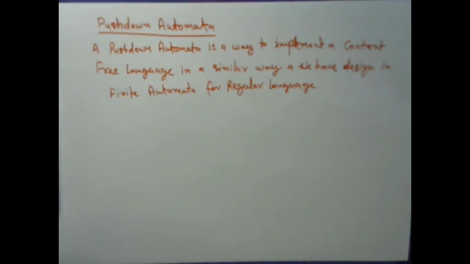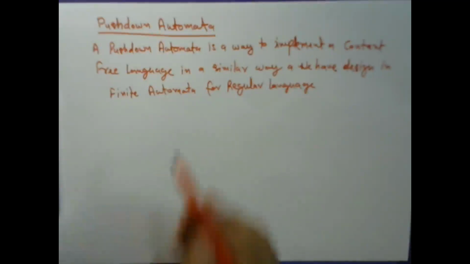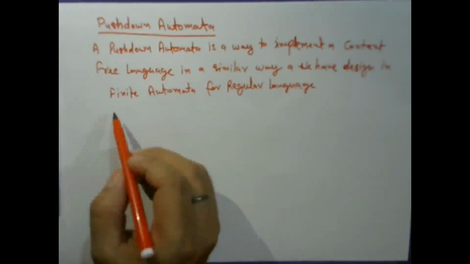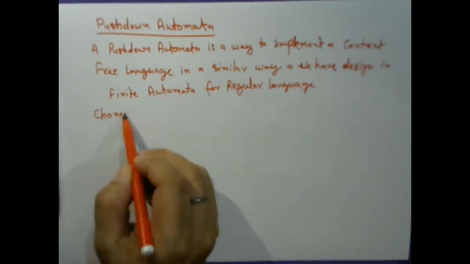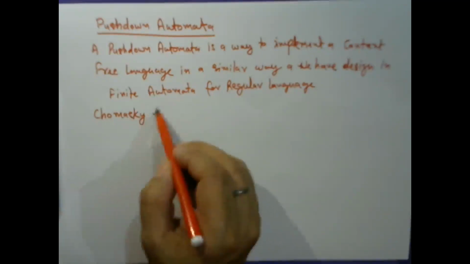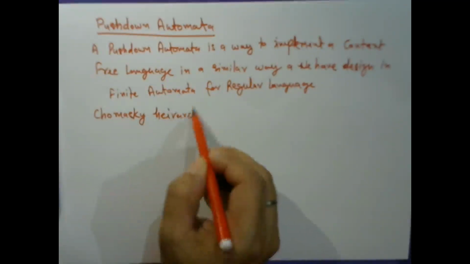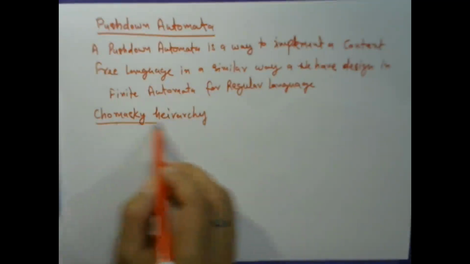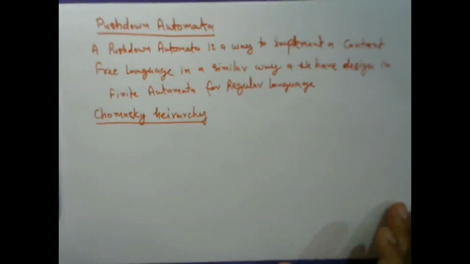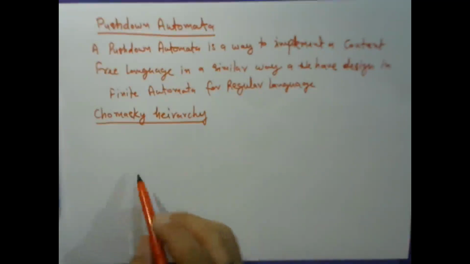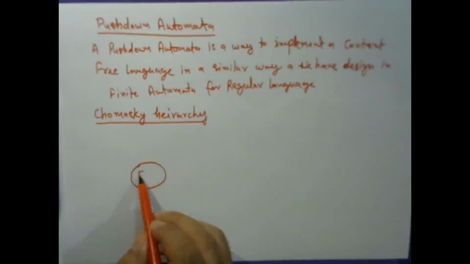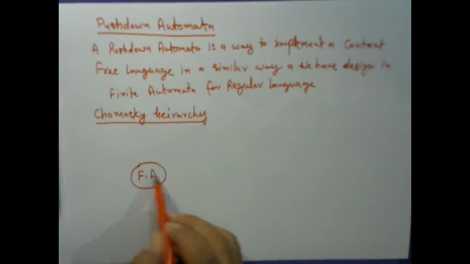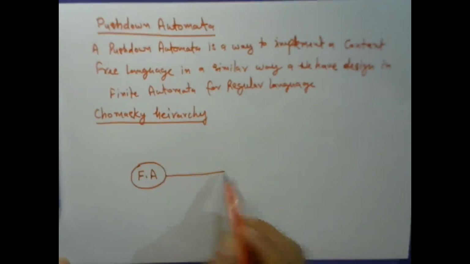As we already discussed about the Chomsky hierarchy, and now we discuss it here, there are four types of automata. Suppose this is the first automata, finite automata, and this finite automata can understand the regular language.